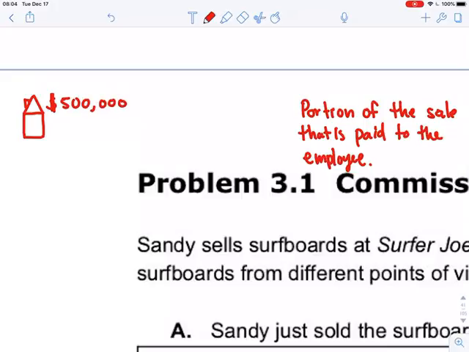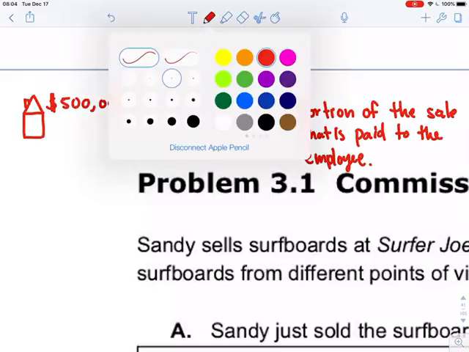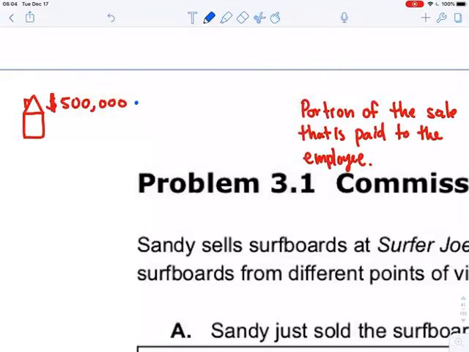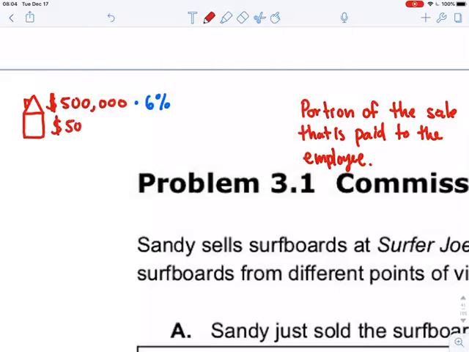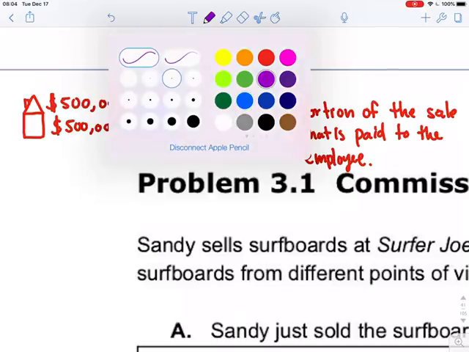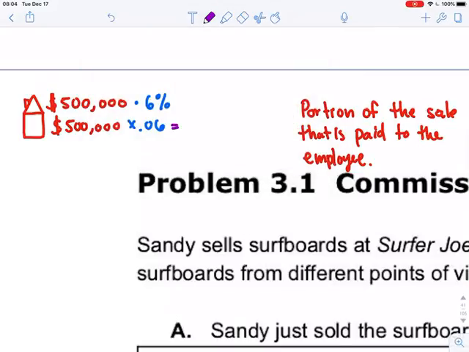Commission for the salesperson is usually 6%. So if I do 500,000 times 6%, times 0.06, the commission of that sale is going to be $30,000.